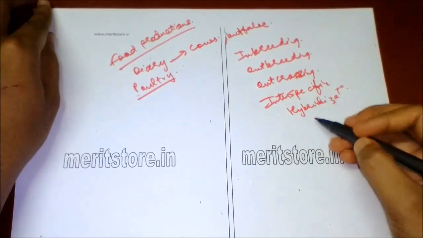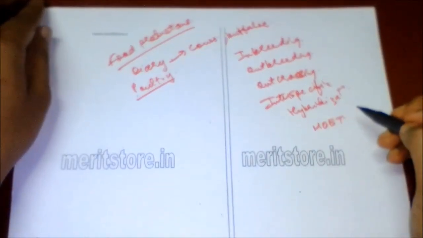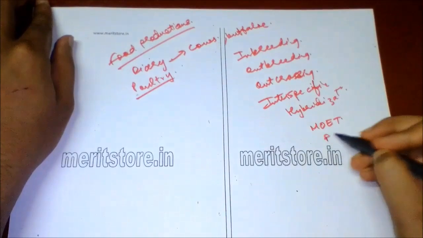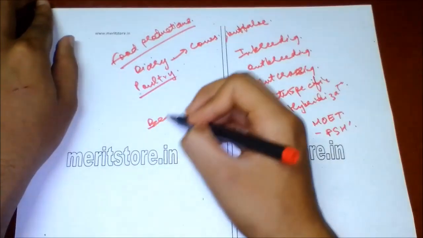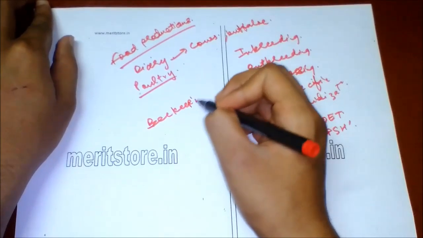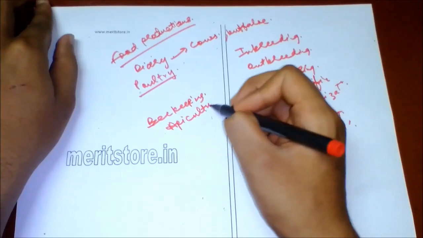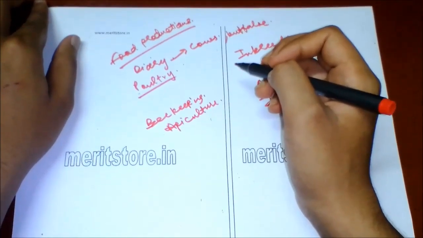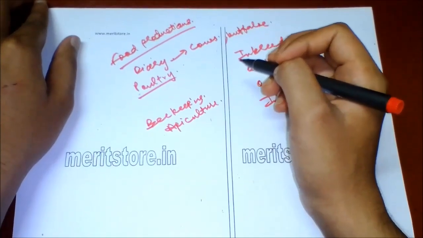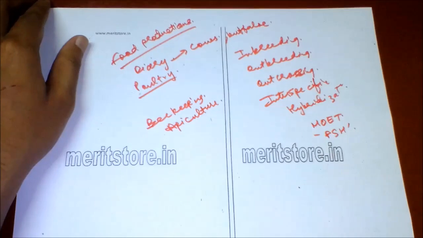There is artificial insemination, MOET technique, multiple ovulation embryo transfer, in which FSH hormone is important. Then there is beekeeping, which is known as apiculture. Different types of bees, Apis dorsata, Apis florea, Apis indica, which are the little bee, wild bee, rock bee, are important.